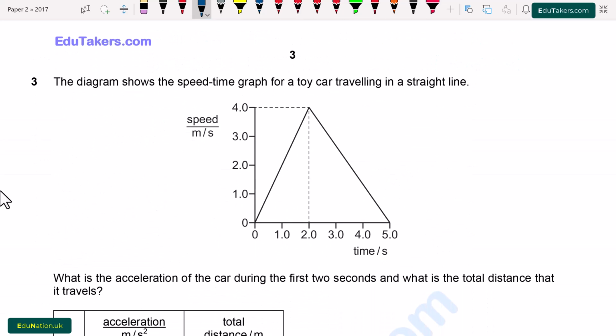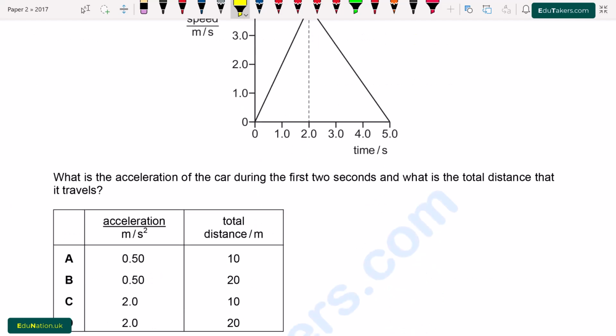Question number 3. The diagram shows the speed time graph for a toy car traveling in a straight line. So there is a speed time graph. What is the acceleration of the car during the first 2 seconds and what is the total distance that it travels? So here we have to find out the acceleration and the total distance.